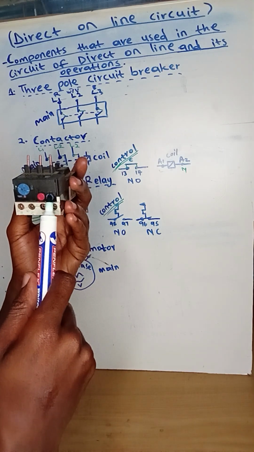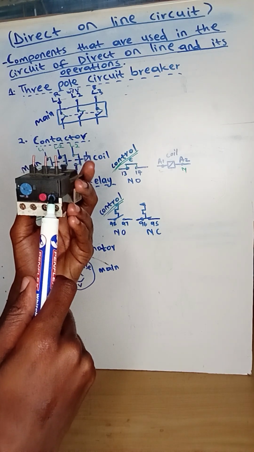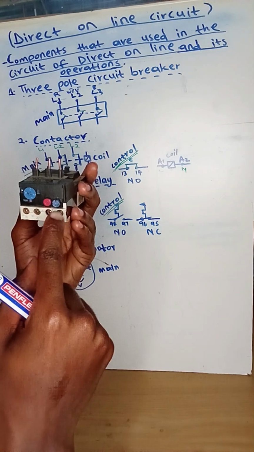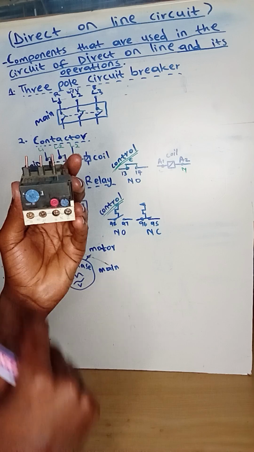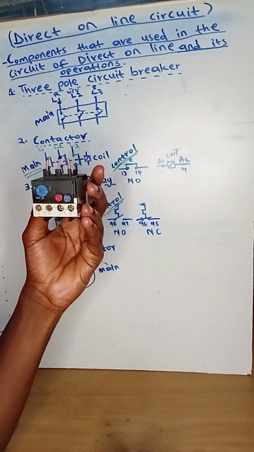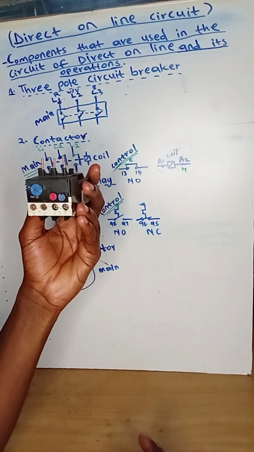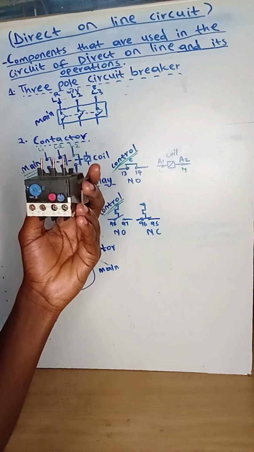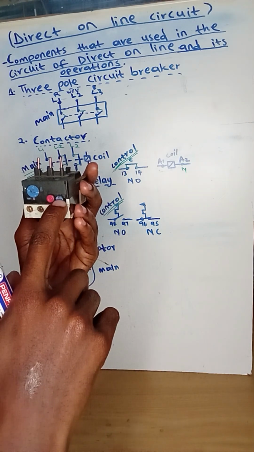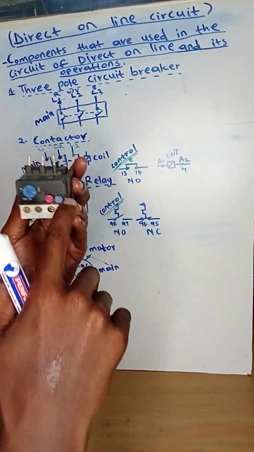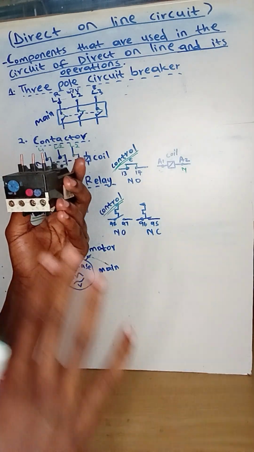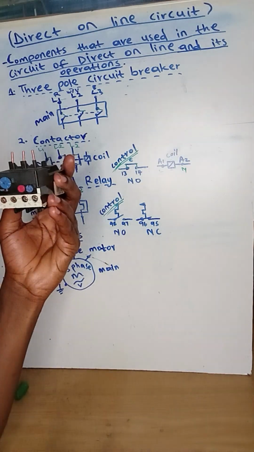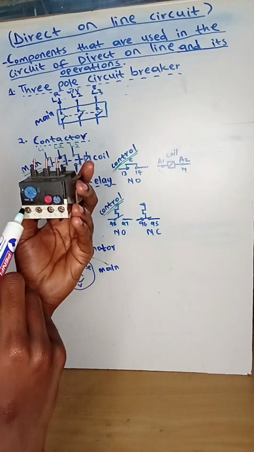This blue button here with a cross in it is called the reset button. In case you find that your circuit has a fault and the circuit tripped, after fixing that fault, you must press reset to put everything back to its normal place. Right, I'm done with these two.